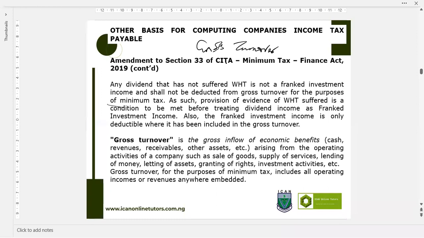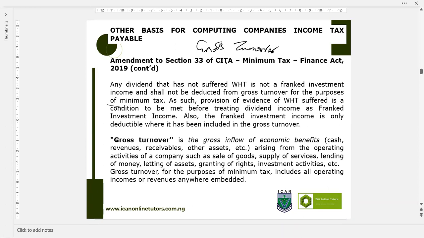So if you see a frank investment income, while reviewing the file of the taxpayer, what do you have to do? You have to confirm: sir, ma, can you please provide me with the evidence of the withholding tax remitted on this dividend before it can be considered as a frank investment income.